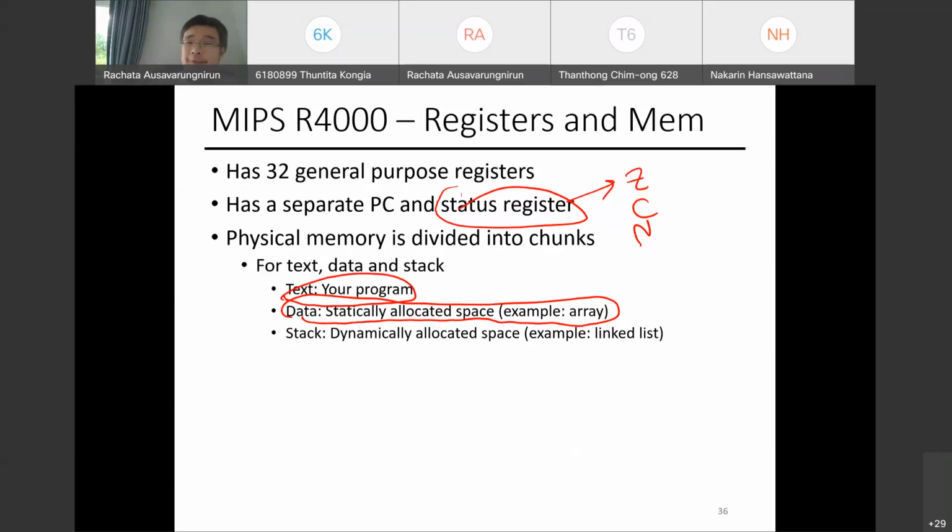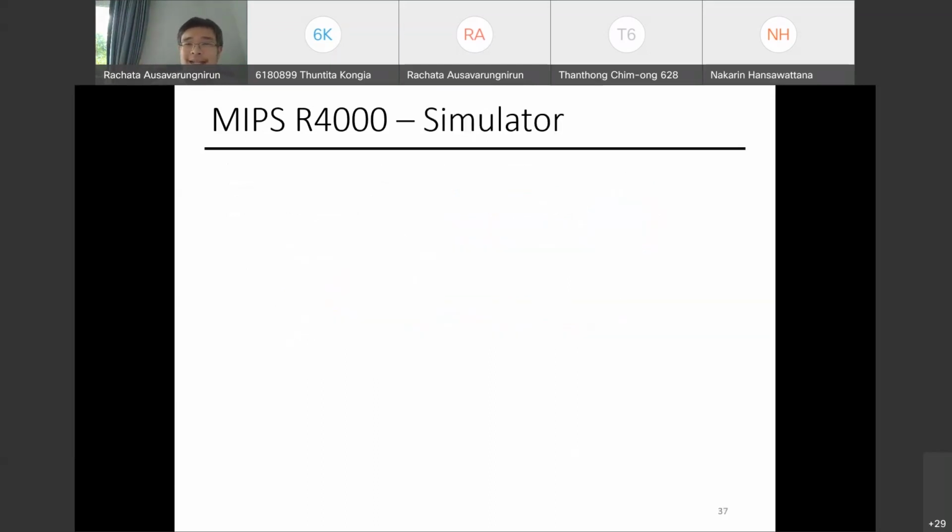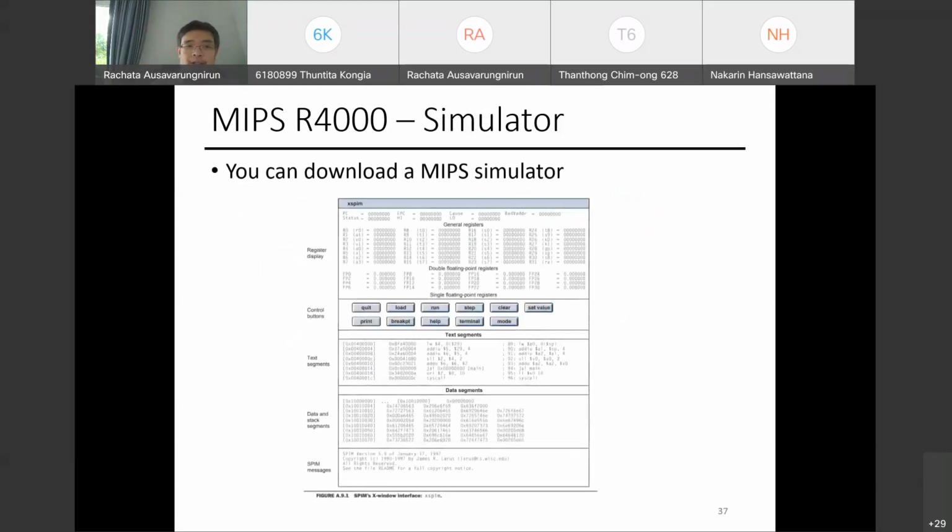And the first thing for the exercise, I'm going to ask you to download the simulator. It's going to look something like this. You can actually write your code, put the code here, load the data to your memory, and then run the code.